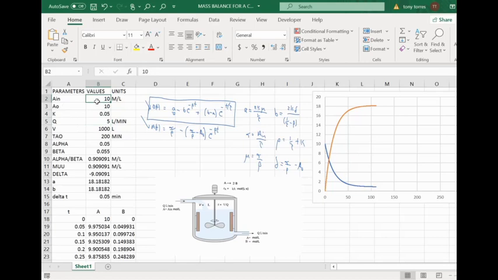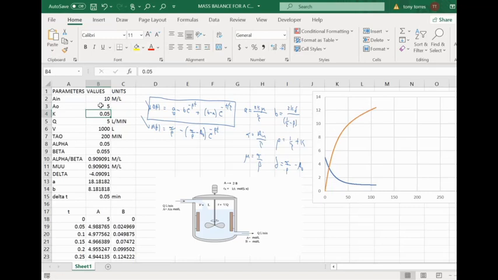Like for example, I settled with 10 mol per liter. How about the initial concentration within the vessel? Right now they are equal? I'm going to put a different value just to avoid confusion. Let's say that the initial concentration is 5.